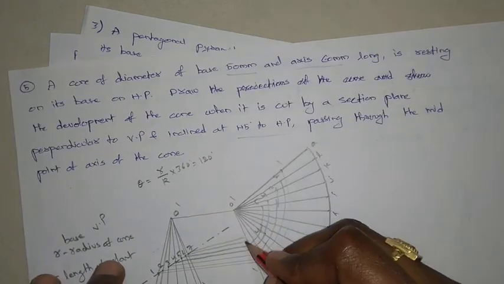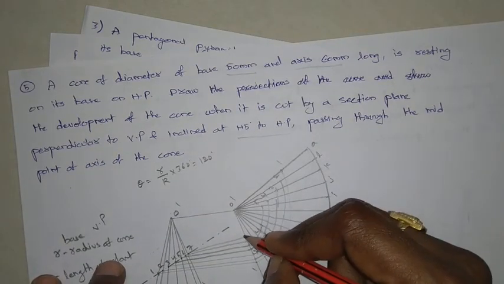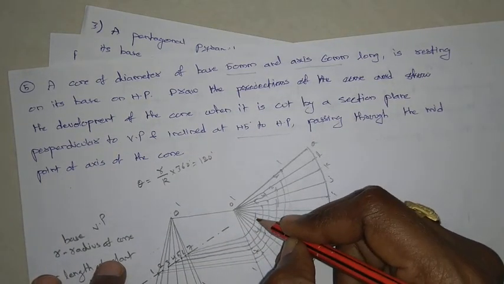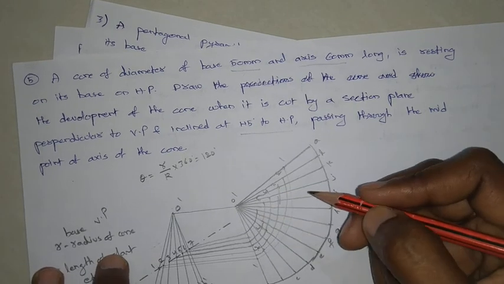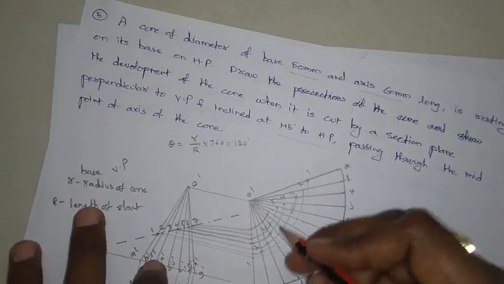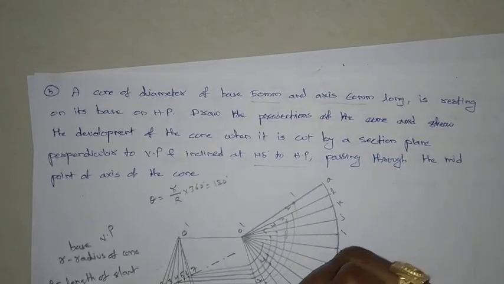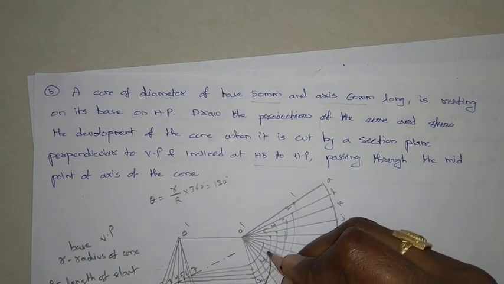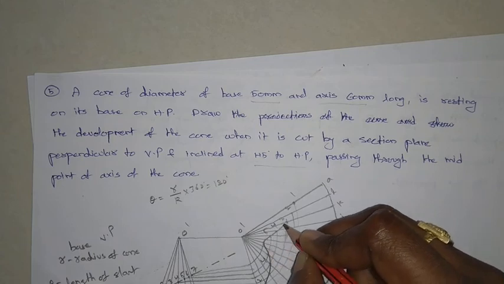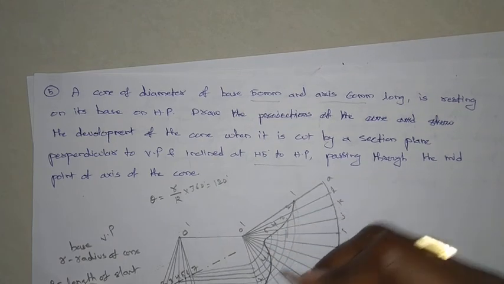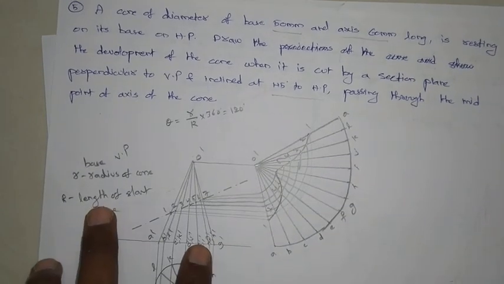So 7 is lying on G. Here we have G, and 6 here and here. So I am drawing this in the rough manner, please don't mind. So like this you may get the curve.